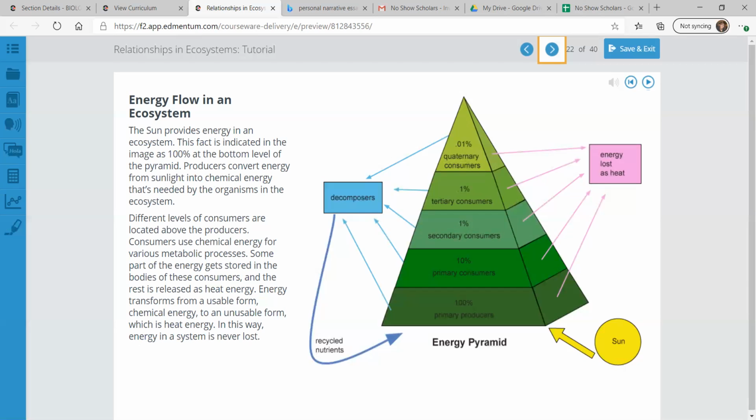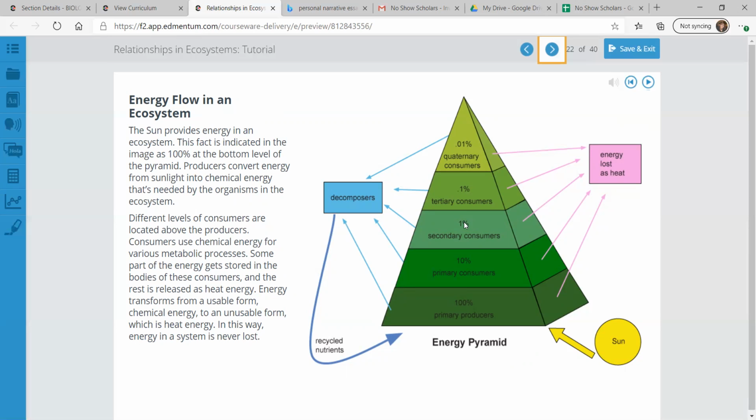Consumers use chemical energy for various metabolic processes. Some part of the energy actually gets stored in the bodies of these consumers, and the rest is released as heat energy, lost as heat.